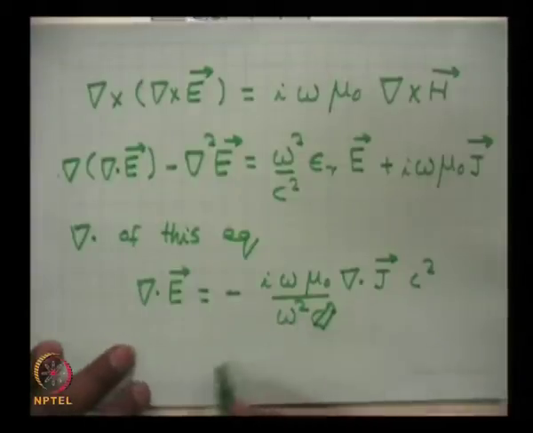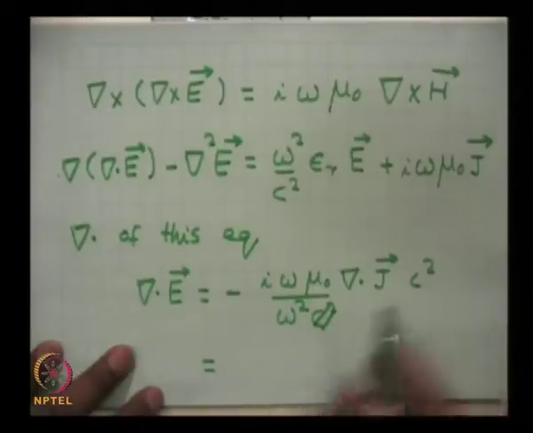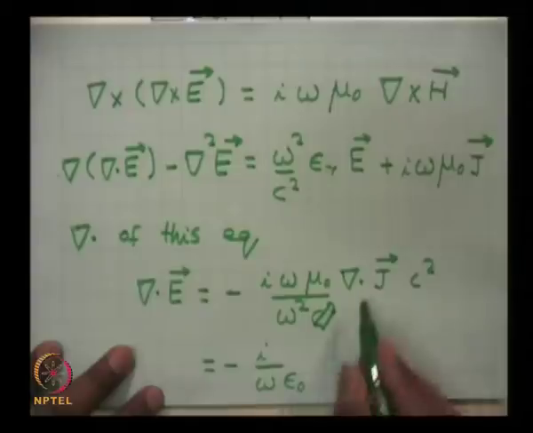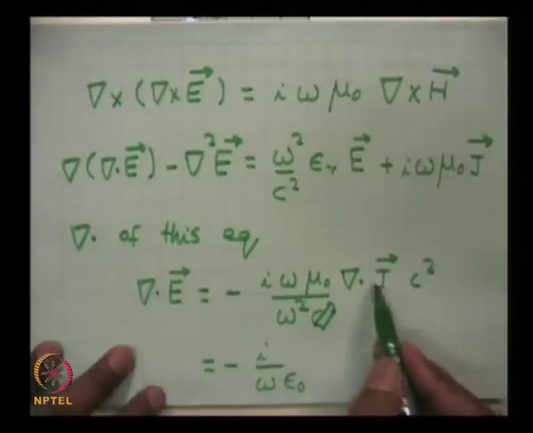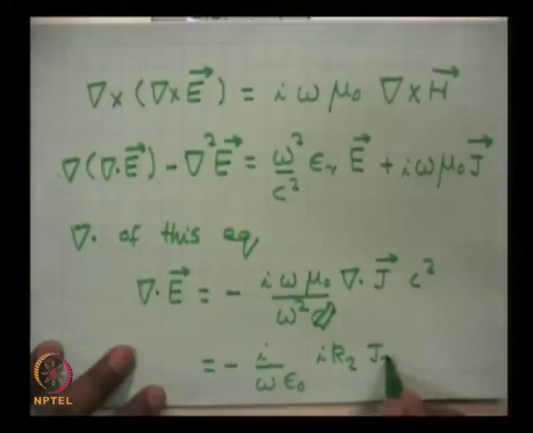So this can be simplified because c square is 1 upon mu 0 epsilon 0. So it becomes minus i upon omega epsilon 0, and J is in the z direction, so only delta delta z, which is i kz, into Jz will come there.